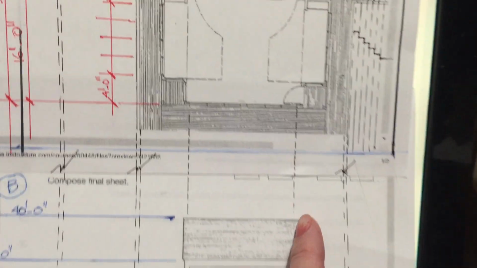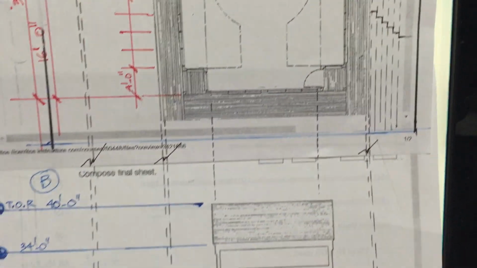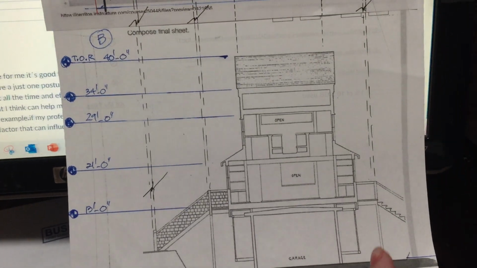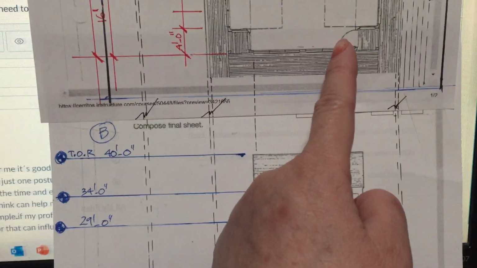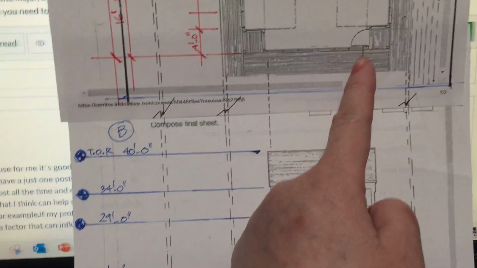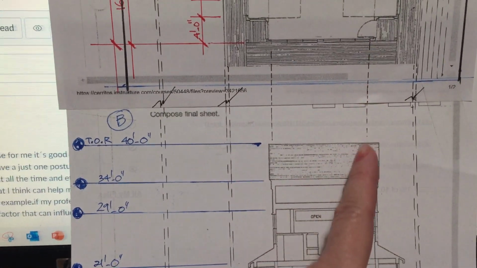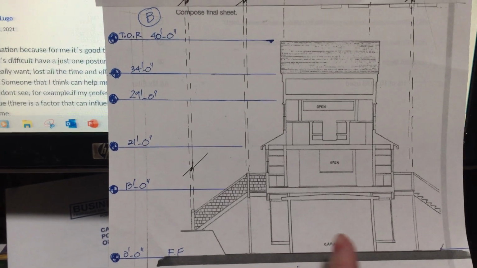For example, right here I project from the exterior wall, and I project a line down here, so I can see the elevation. It should be right there. Same thing here. I start right here with the wall of the garage, and I draw the project line down, and I can see the garage right here.